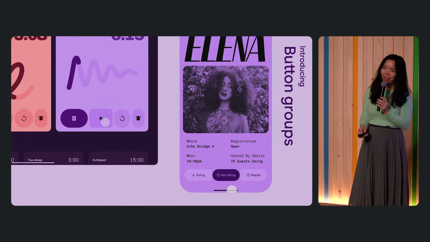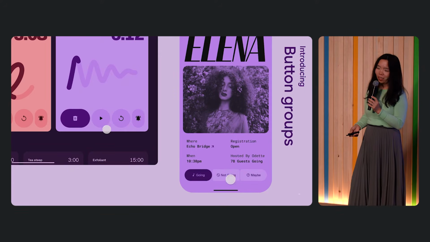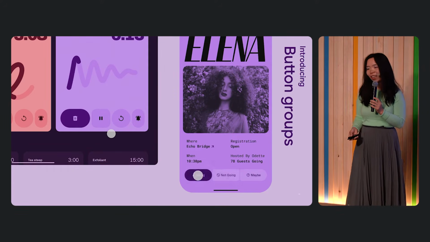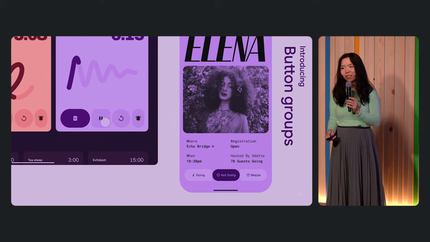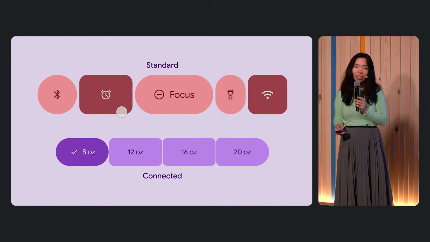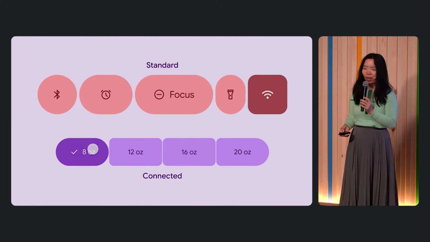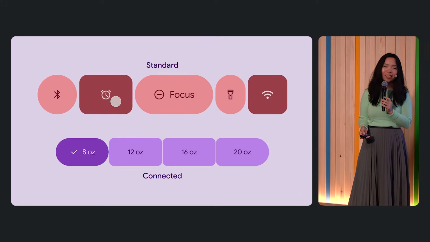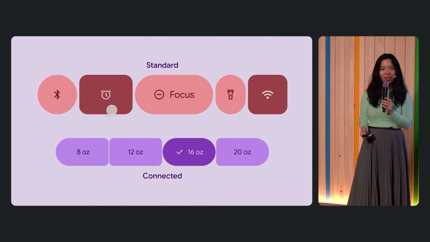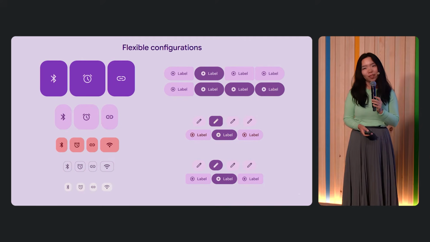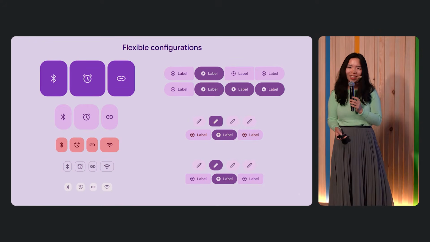Next, we have button groups. They join buttons together and enable an interaction while automatically invoking a shape morphing motion with an expressive touch. Standard groups relate independent actions together, while connected groups create a selectable set. Groups support the same wide range of button sizes and shapes.